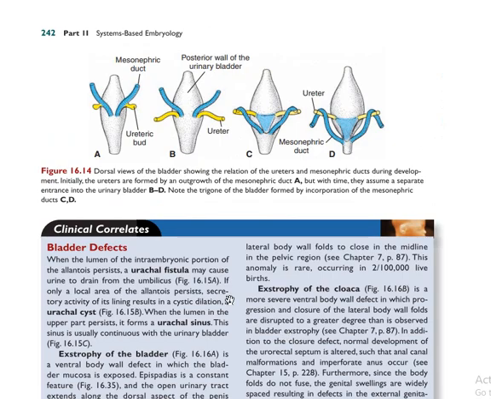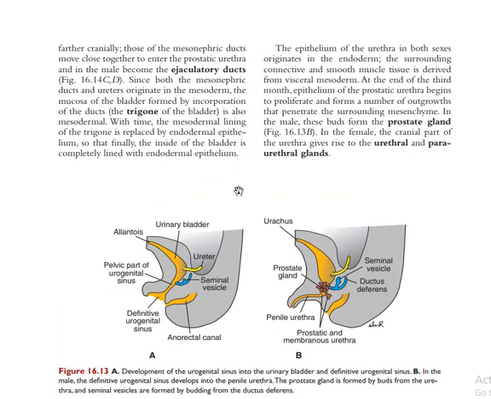So all these are what you can find at this location. And lastly, the bulbourethral gland, or the Cowper gland, is going to be a derivative of the paramesonephric duct instead.